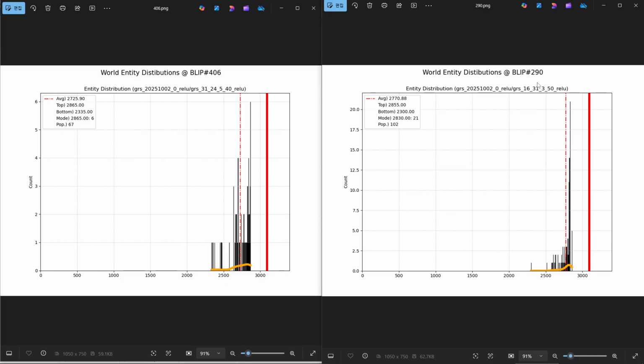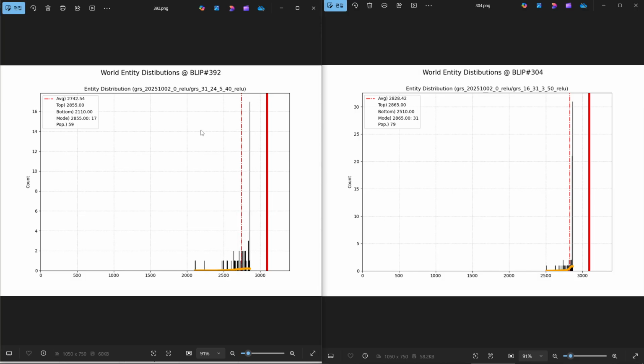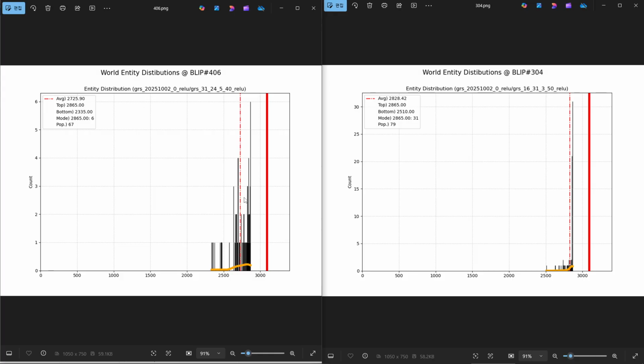So out of 421 data points, the state of overconvergence was first apparent at 304, whereas in this case convergence didn't happen until the very end, probably.